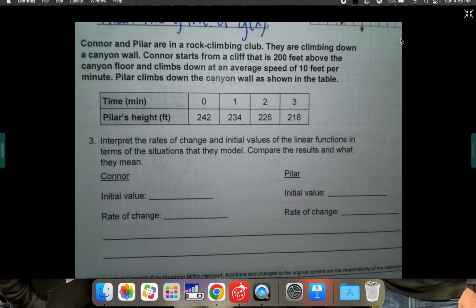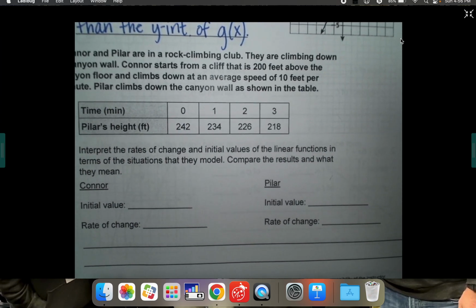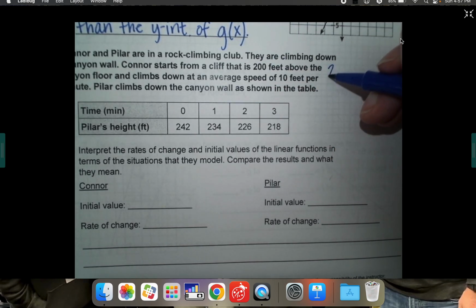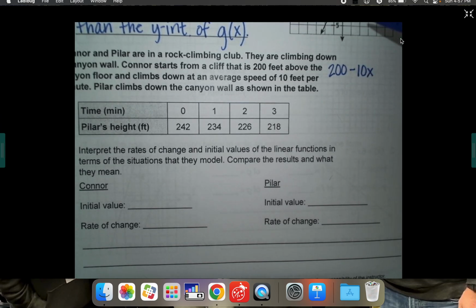So right away, I want to go ahead and write this equation down because I'm thinking about it. He started at 200 feet and he's going down 10 feet per minute. So I'm subtracting. I started at a height of 200, that was my initial amount, my initial height, and I'm going down 10 feet per minute.